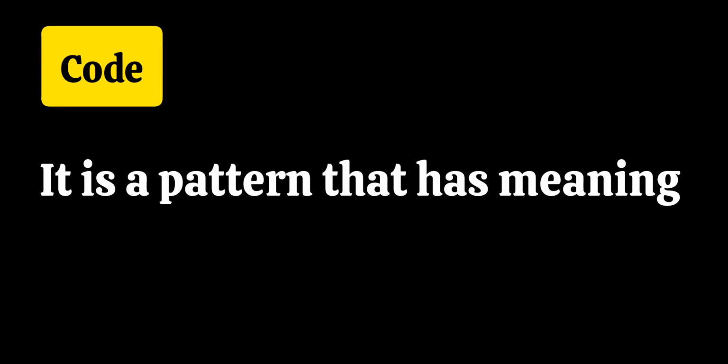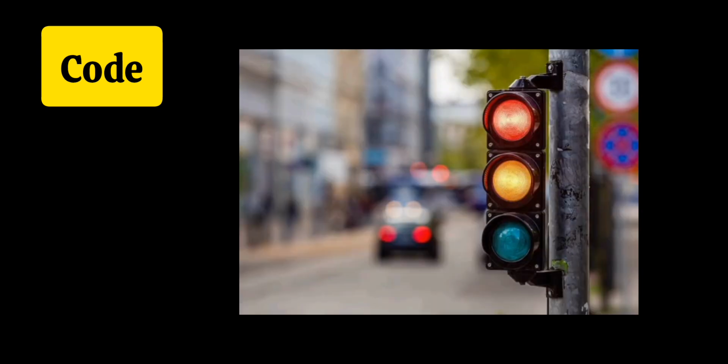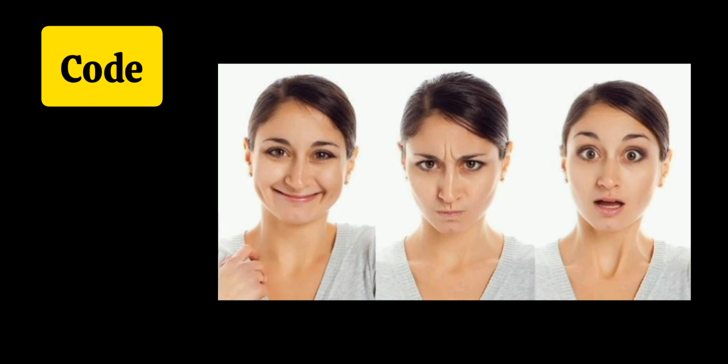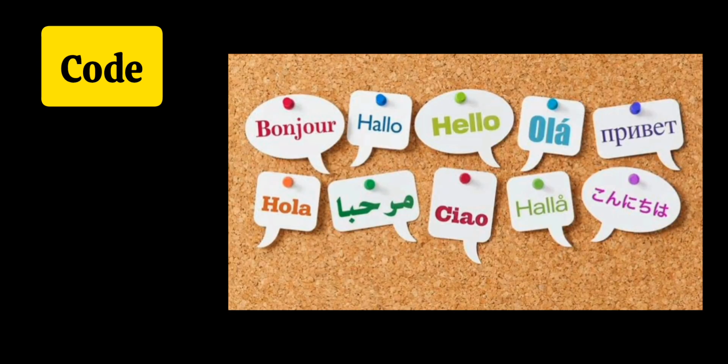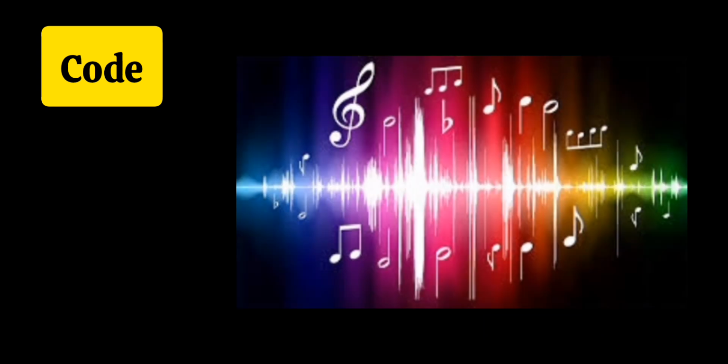Let's see some examples of code. Thumbs up and thumbs down, traffic lights, expressions on faces, language, writing, music or sounds, and lighthouse.